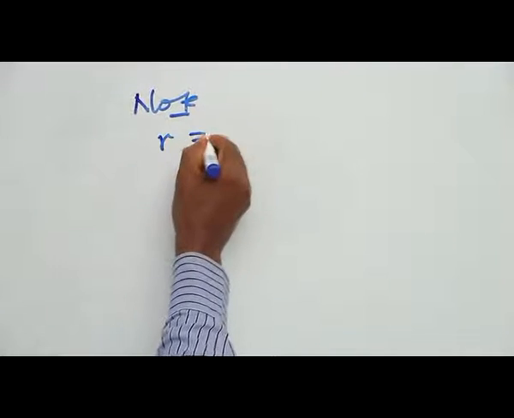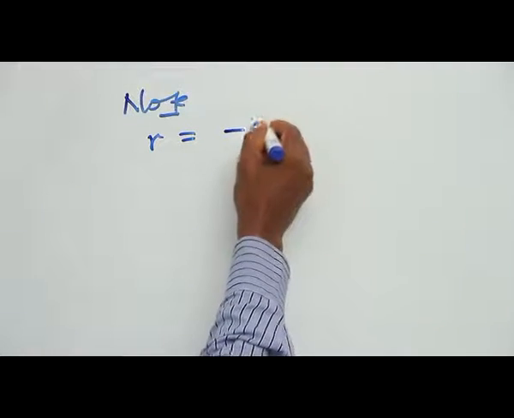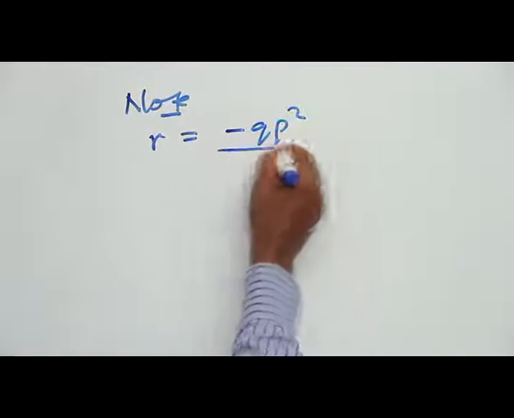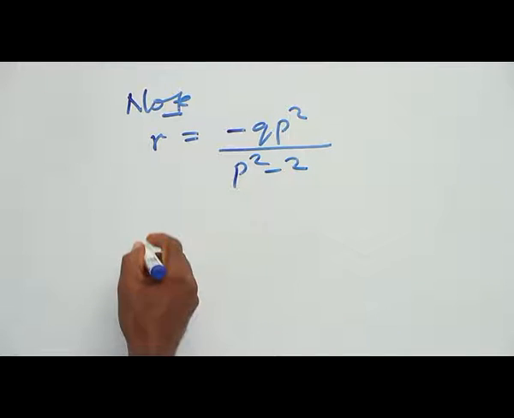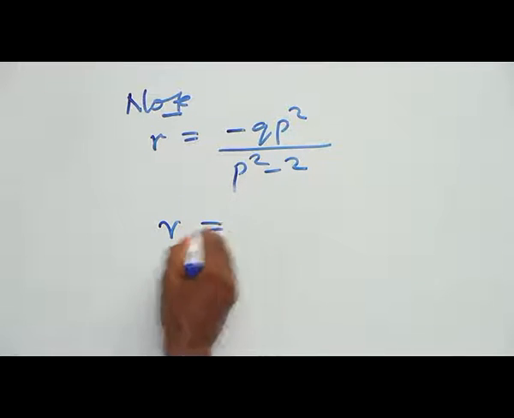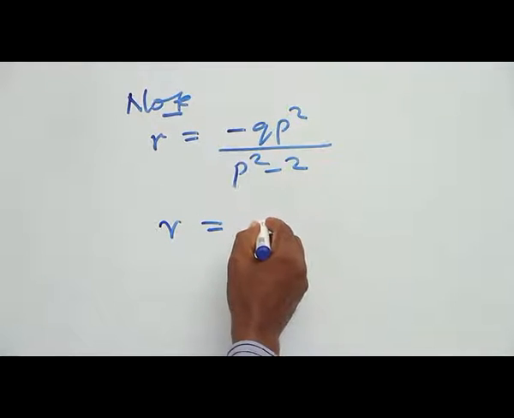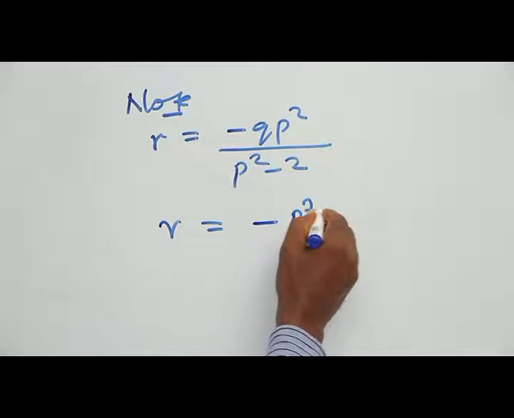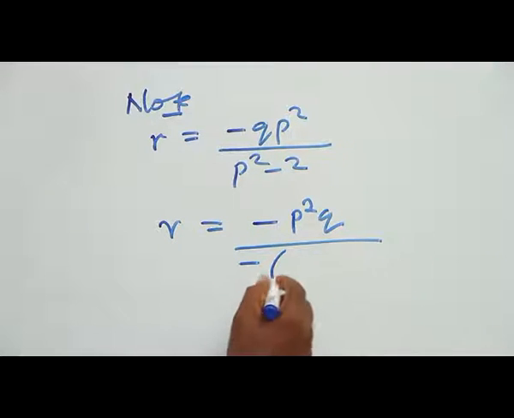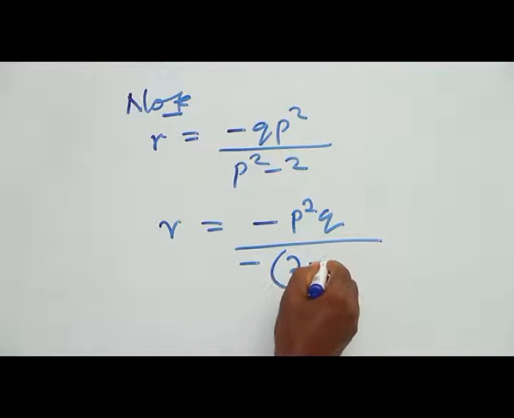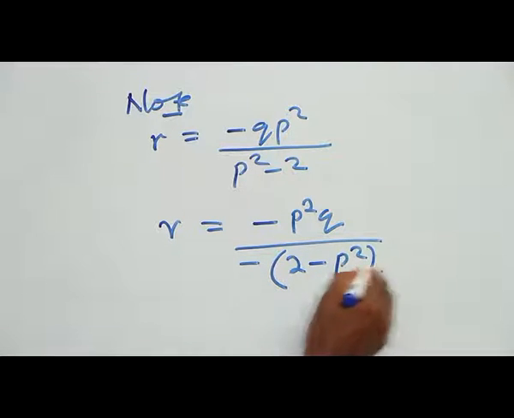That your r equal to minus qp squared all over p squared minus 2 can also be written as r equal to minus p squared q all over minus, open a bracket, 2 minus p squared.